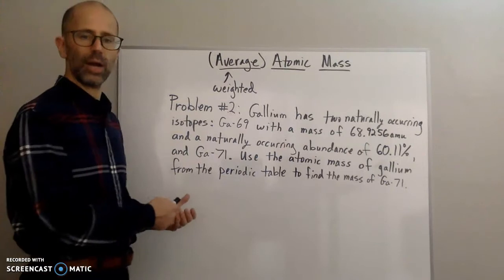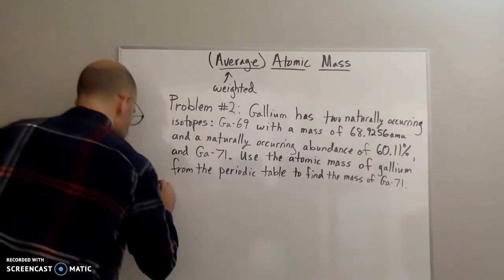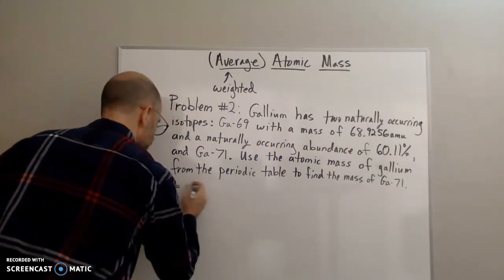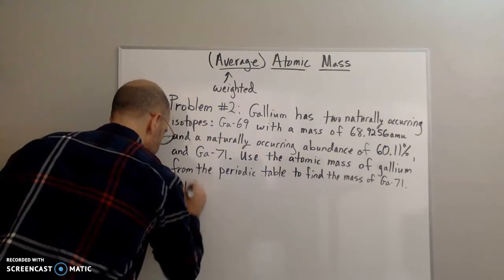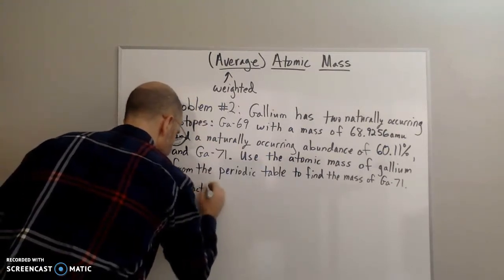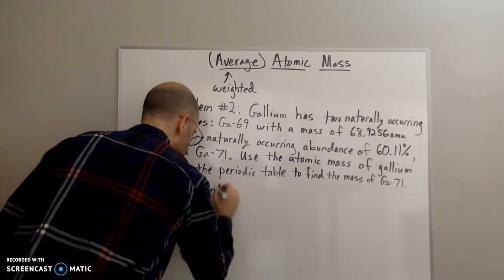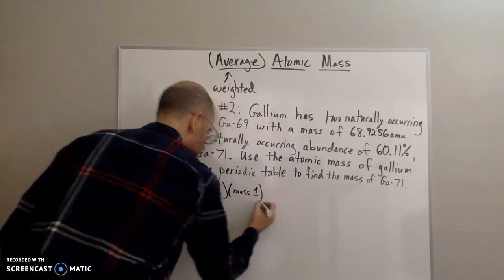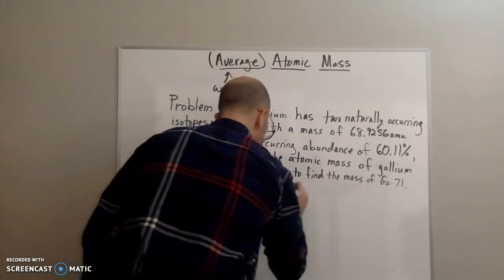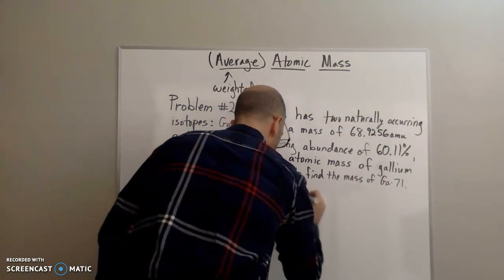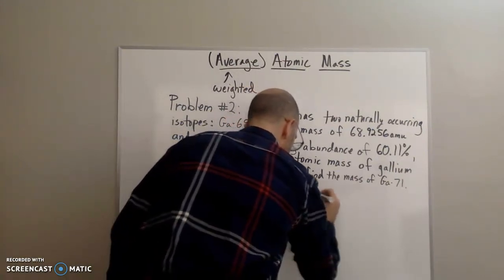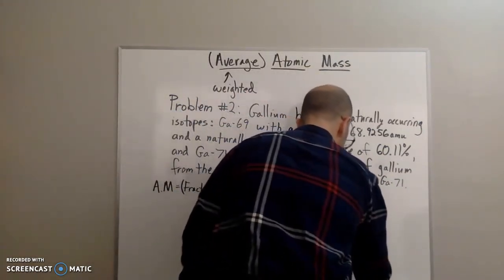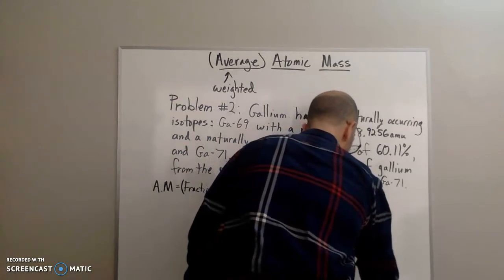So let's write out the equation. The atomic mass is going to be equal to the fraction, the fractional abundance, of isotope number 1 multiplied by the mass of isotope number 1, plus the fractional abundance of isotope number 2 multiplied by the mass of isotope number 2.